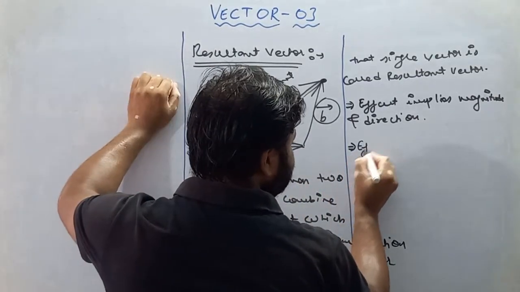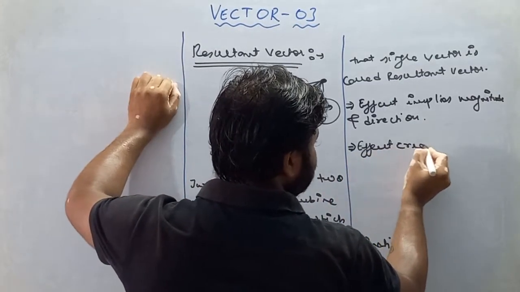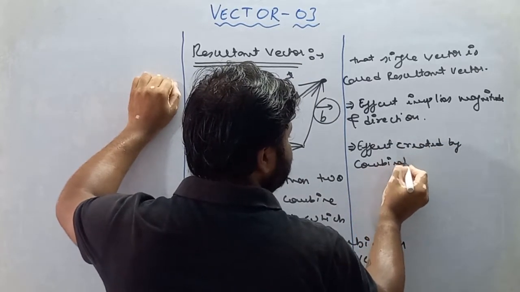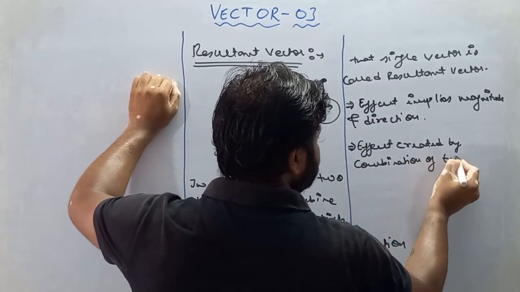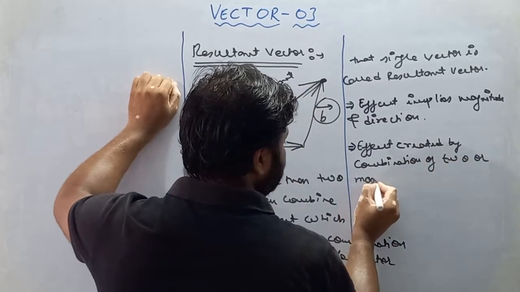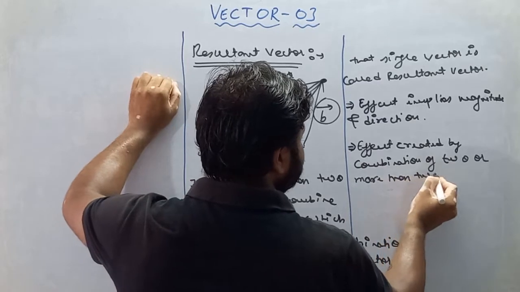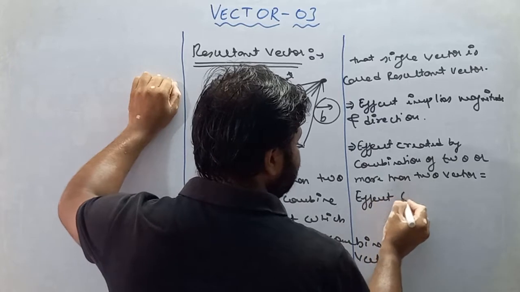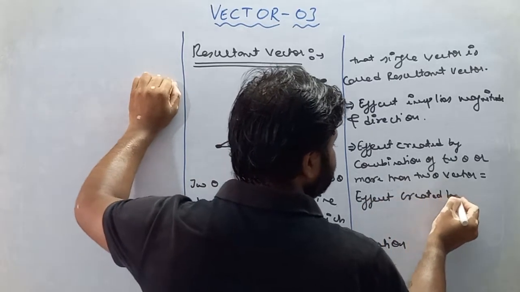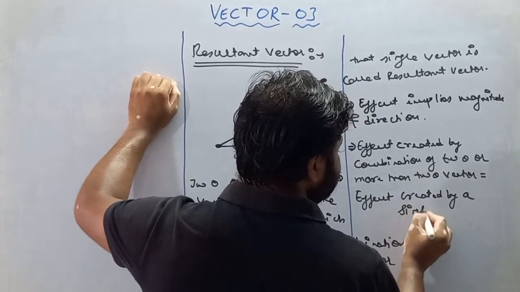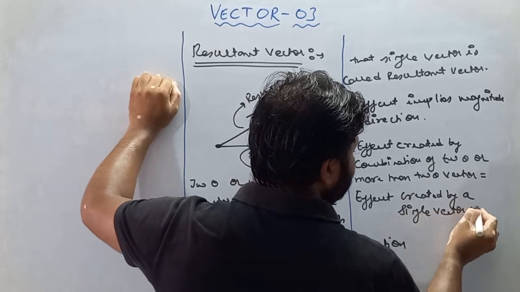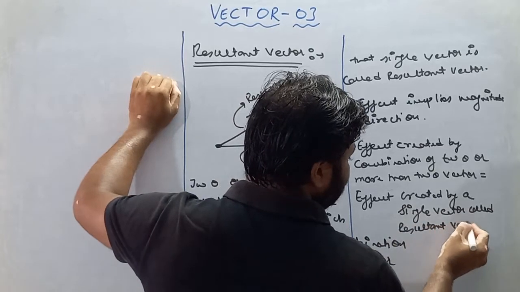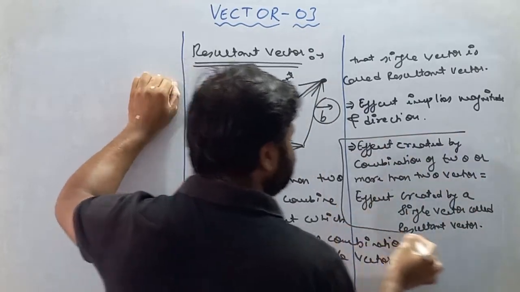So I'll write here: effect created by combination of two or more than two vectors is equal to effect created by a single vector called resultant vector.